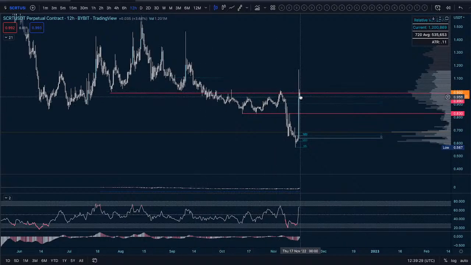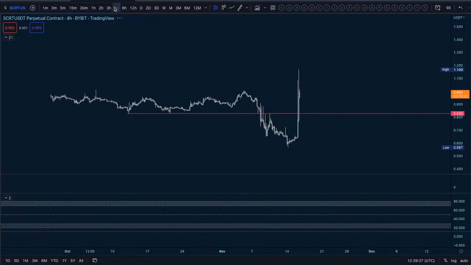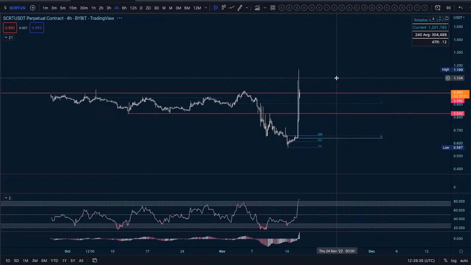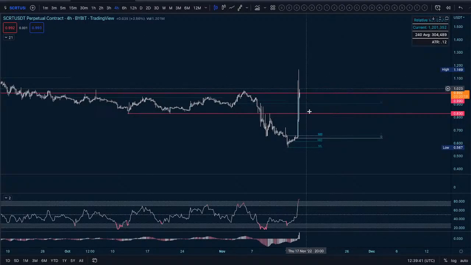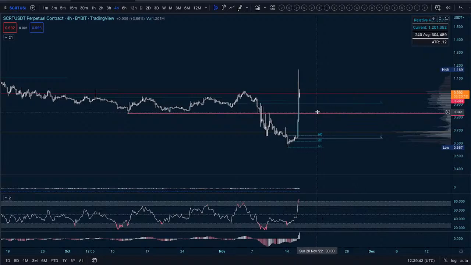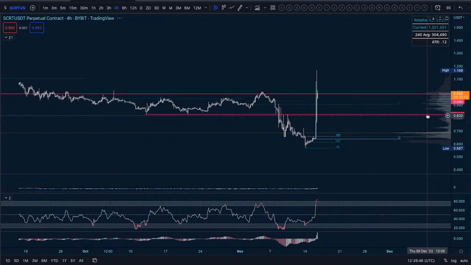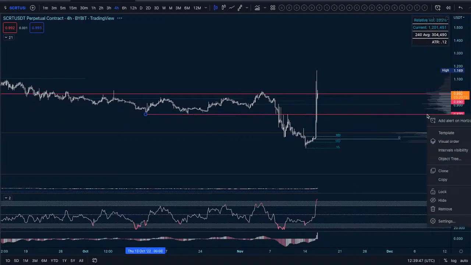Now it's trying to flip this area, but it's currently not doing a very good job. If it breaks down, this is the first area of support, and we'll see. I'll just put an alarm there.